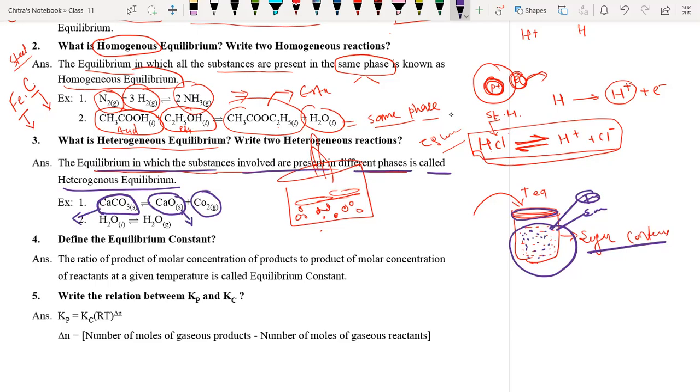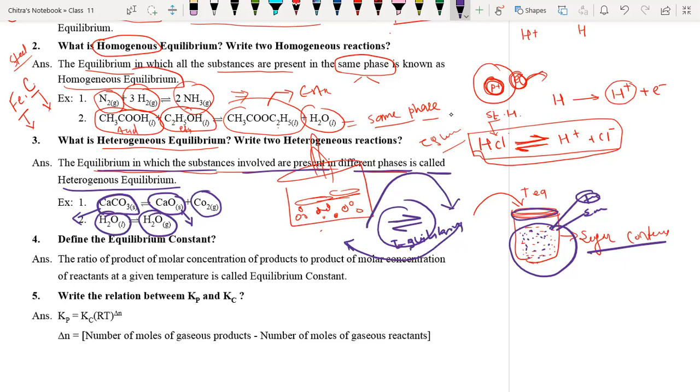In the case of water also, we have liquid water separate and we have steam separate. They can be observed separately, so it is heterogeneous equilibrium. And whenever we use the word equilibrium, we represent it with the reversible symbol. At that particular stage the rate of forward reaction is equal to the rate of backward reaction. That state is called equilibrium.